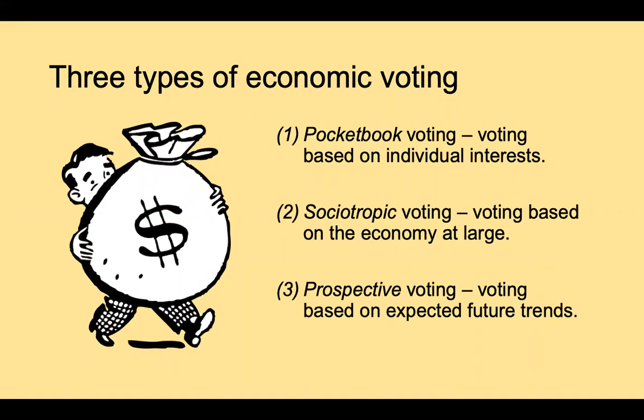So pocketbook voting is when you vote based on individual interests, your bottom line, your income, your situation. Can you pay the bills? Are you making the money that you'd like to make or that you need to make? So on and so forth. Number two, sociotropic voting. This is voting based on an assessment of the economy at large.